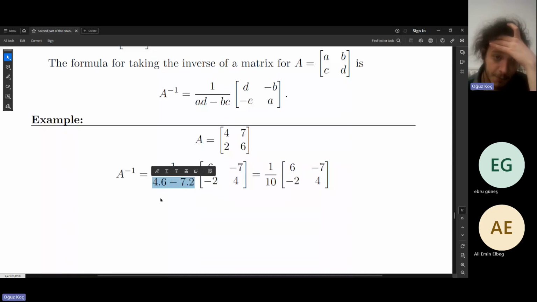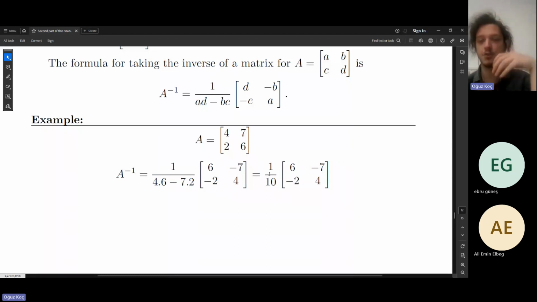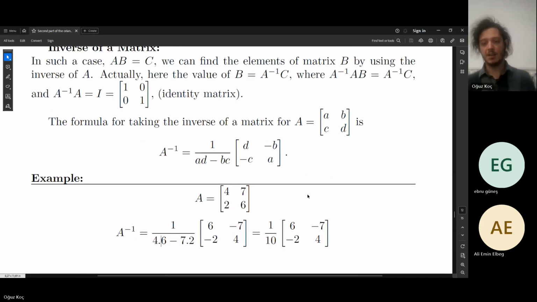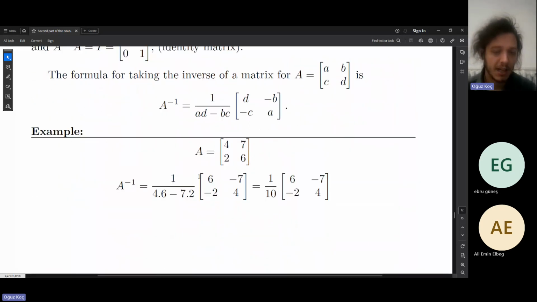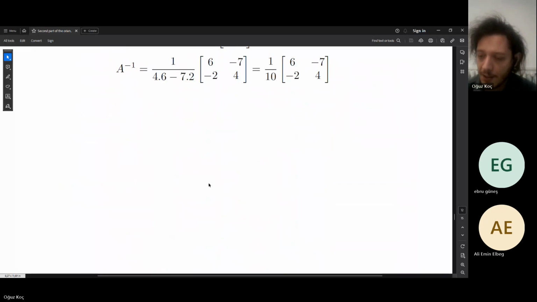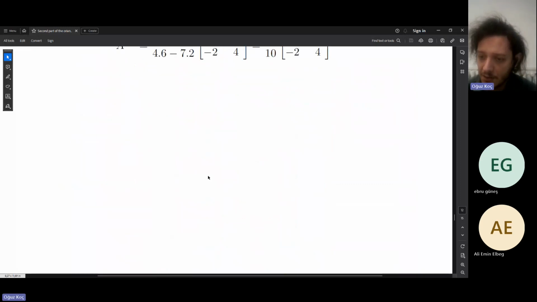And then by calculating this, we get 1 over 10 times the matrix. This is the inverse of the matrix, and then in this case, by multiplying by C, we get the B matrix here. The next examples are written in text, written by hand.